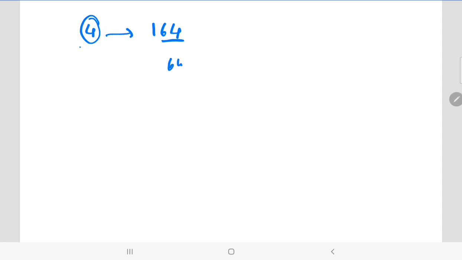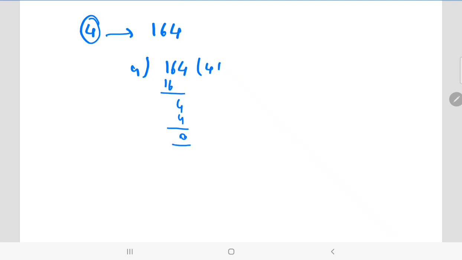Right? So 64 by 4 is equal to 16. So it is exactly divisible, which means the last two digits of 164 are divisible by 4. So automatically this whole number will also be divisible by 4.